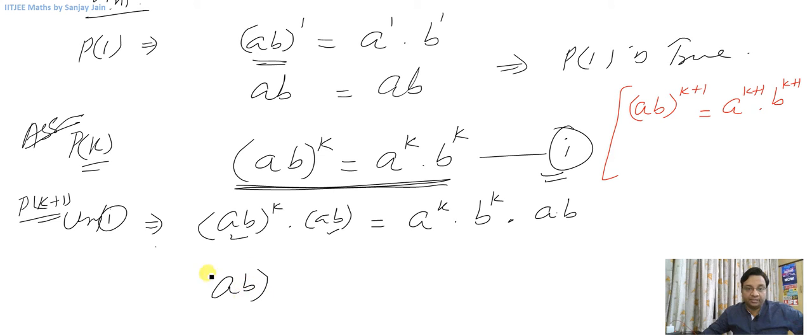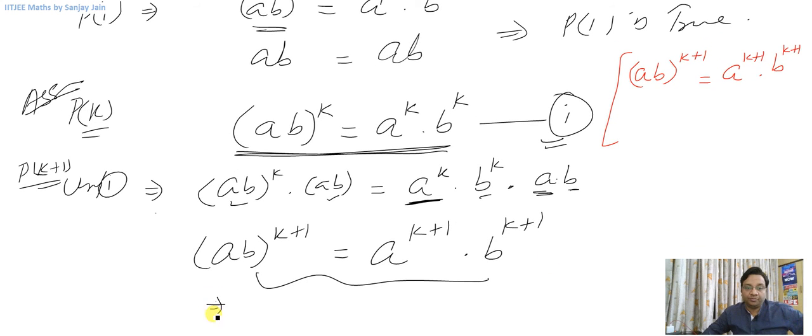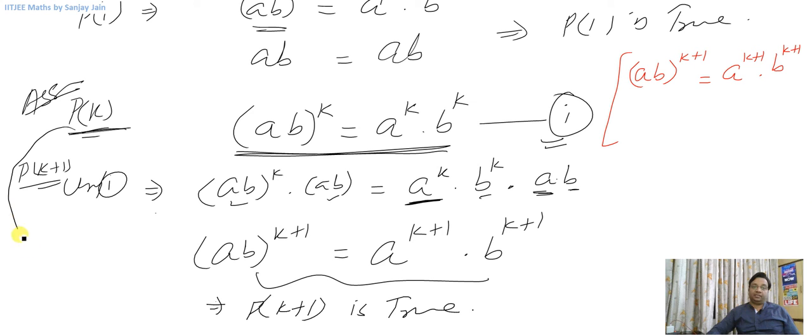So (ab) raised to power k plus 1 here is equal to, now consider this and this, the base is same, so I can write a raised to power k plus 1 into b raised to power k into b, which can be written as b raised to power k plus 1, which is P(k+1). So P(k+1) is true, right? Because P(k) is true, this implies that P(k+1) is also true.